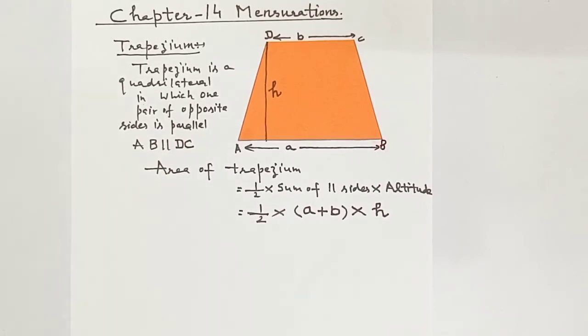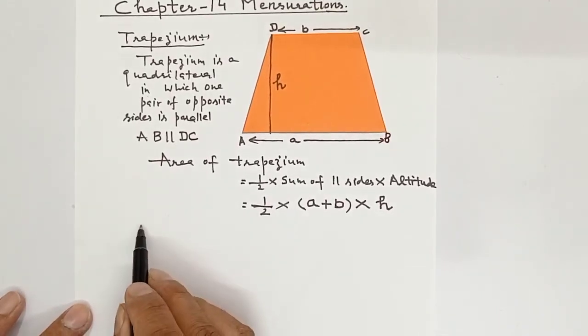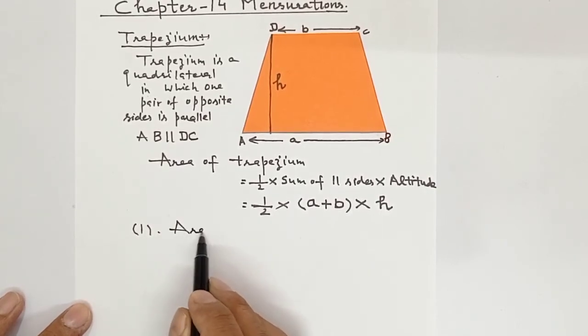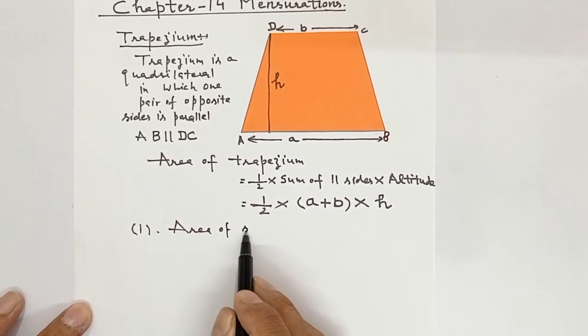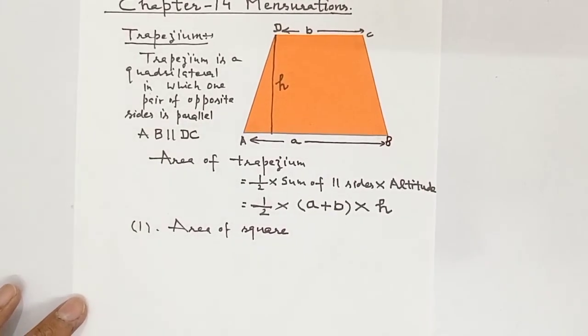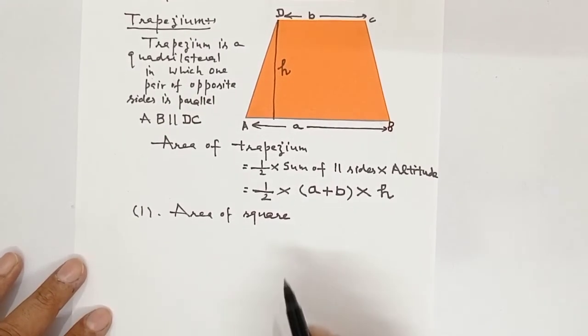Now I am discussing about areas for which the formulae you have done in your previous classes. For example, you have done area of square. So you know very well that square is a quadrilateral, or you can say square is a parallelogram in which all the sides are equal.